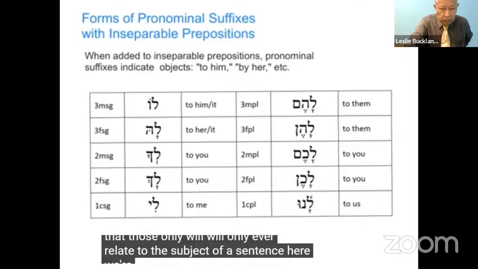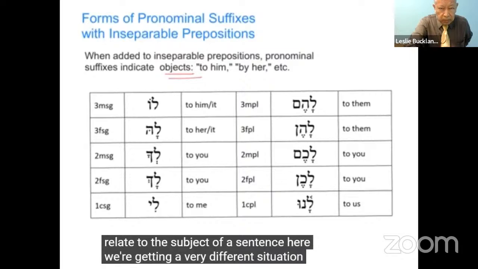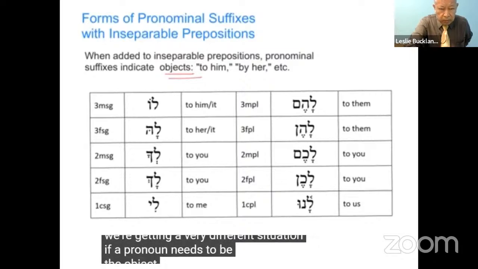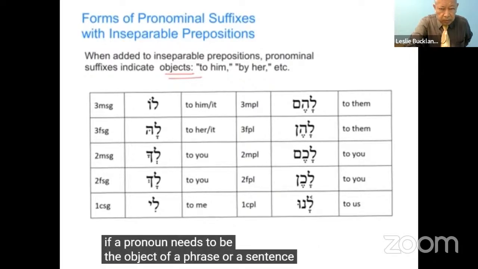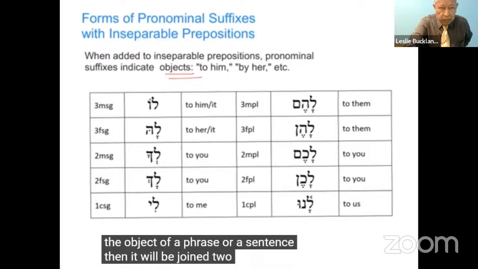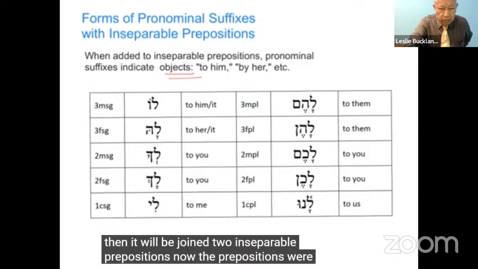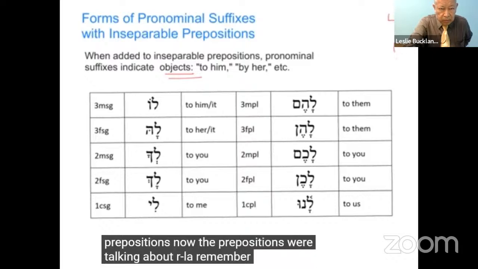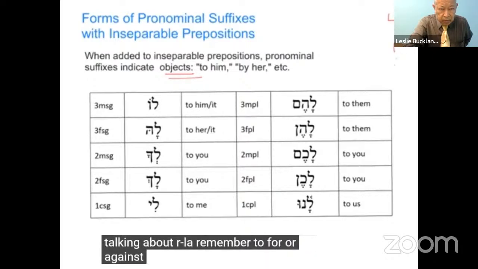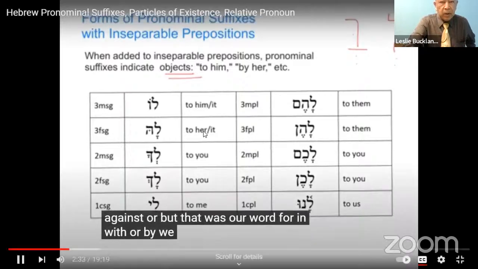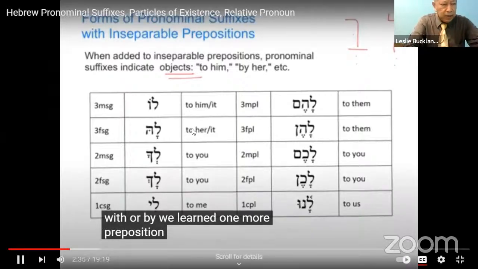Here, we're getting a very different situation. If a pronoun needs to be the object of a phrase or a sentence, then it will be joined to inseparable prepositions. The prepositions we're talking about are le, remember, to, for, or against, and be, that was our word for in, with, or by. We learned one more preposition along with these.